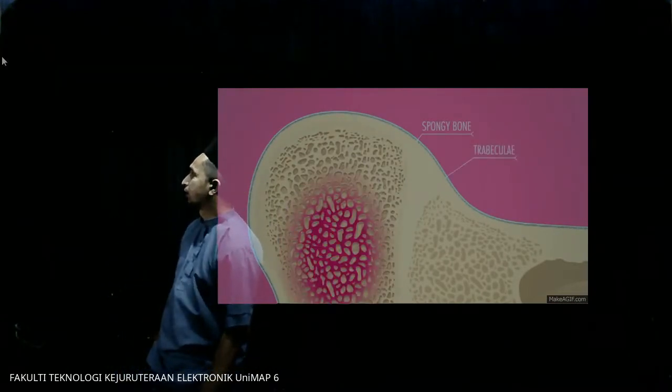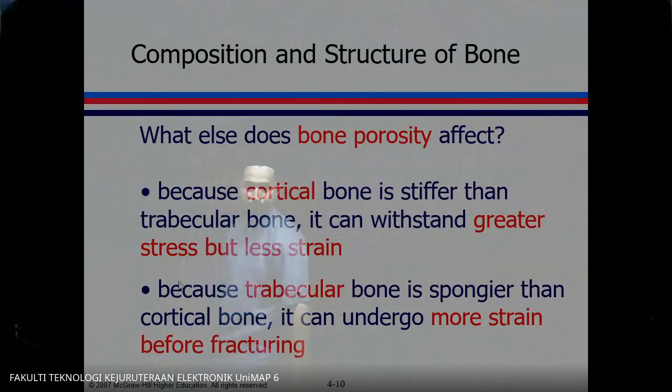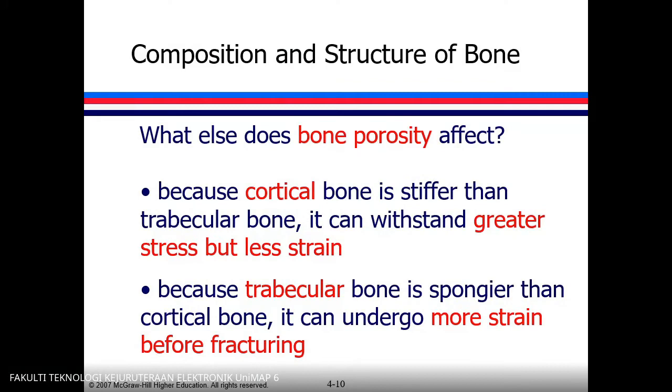Tengok lagi, apa ada lagi. So what else does bone porosity affect? Porosity is the hole. Ingat yang porosity tadi tu yang lubang-lubang tu. Because cortical bone is stiffer than trabecular bone, it can withstand greater stress but less strain.